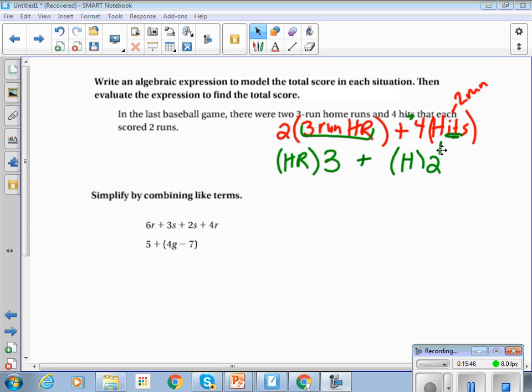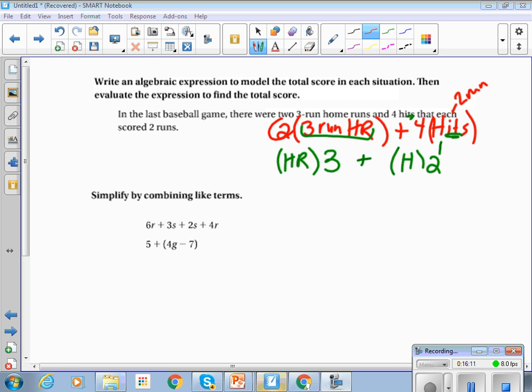So I'm going to call a 2-run hit, I'm going to give us 2 points for each one of those, and I'm going to label a 2-run hit as H. So I've found a variable. In this case, HR and H are my variables. And then I'm going to multiply that by however many runs that gets me. So that's the write an algebraic expression.